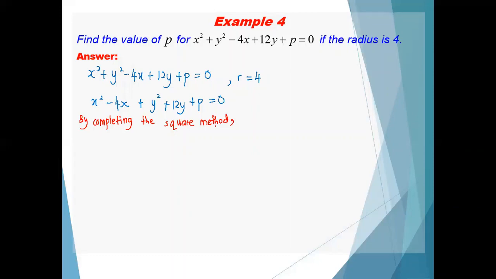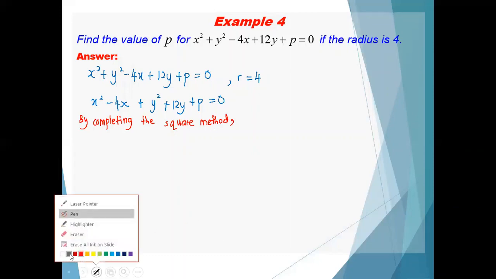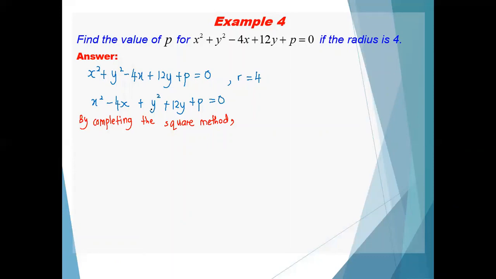Sama macam yang tadi saya ajar. Okay, ini satu group. And this one satu group sama macam tadi. Okay, this one is actually your C.